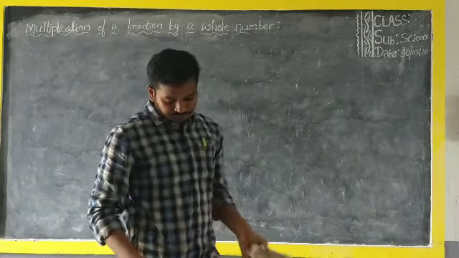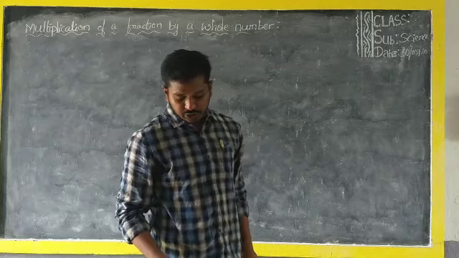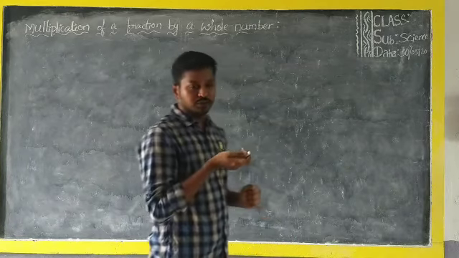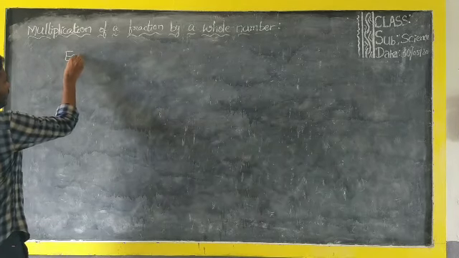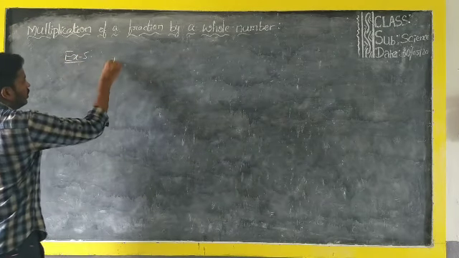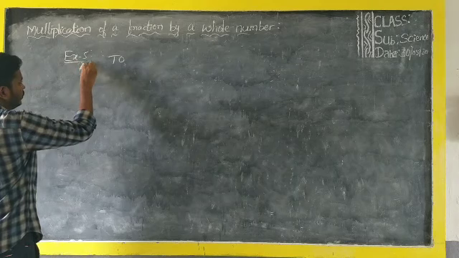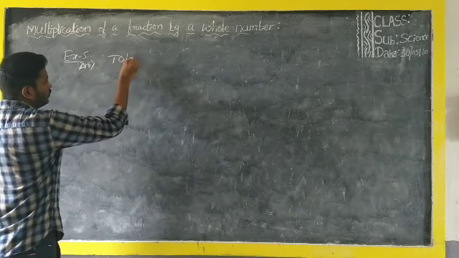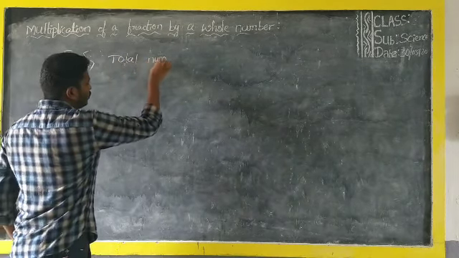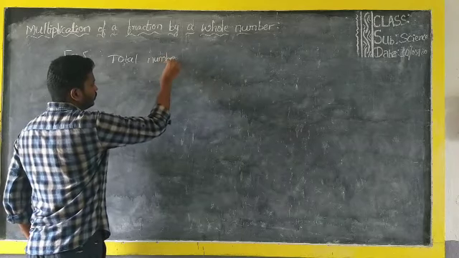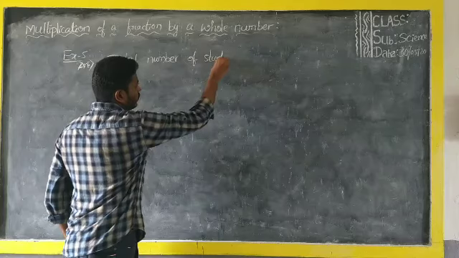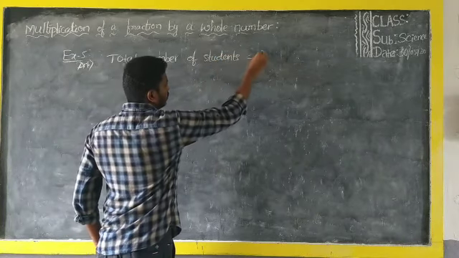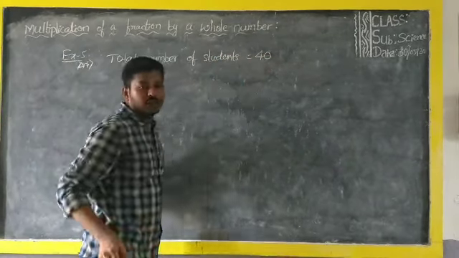The question: in a class of 40 students, total number of students equals 40.